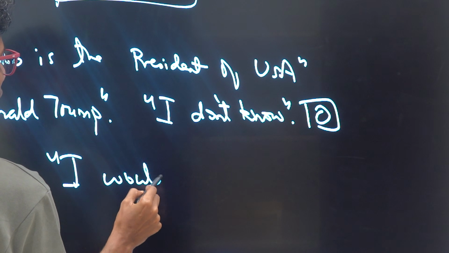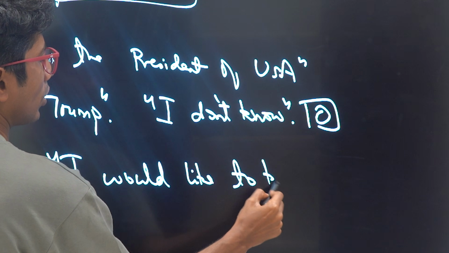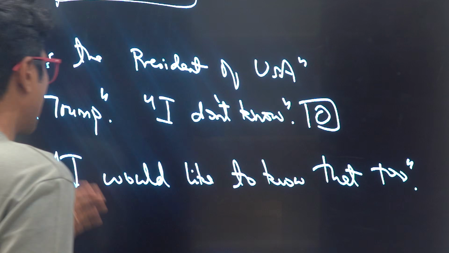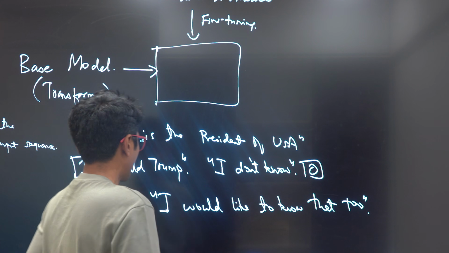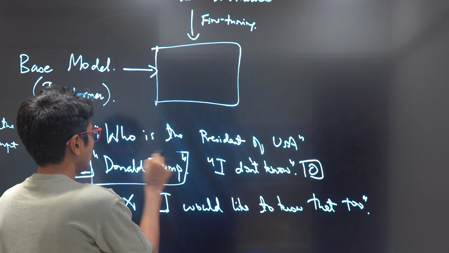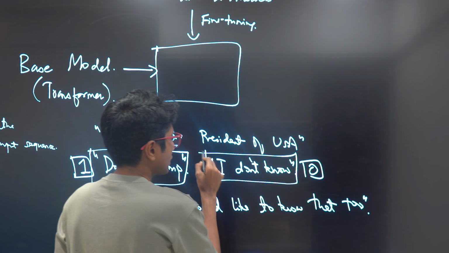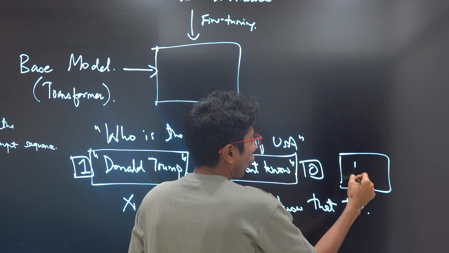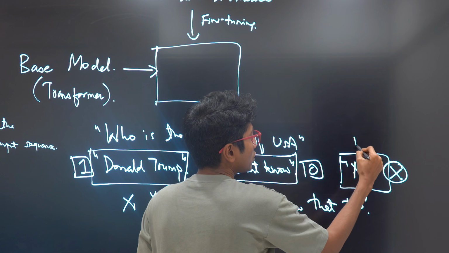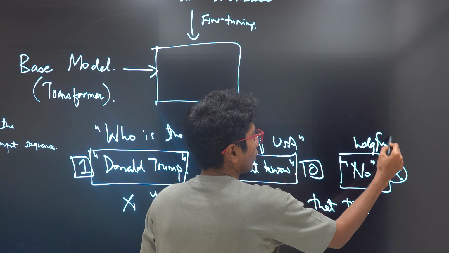But the model could also say, I would like to know that too. Here's where things are going wrong. The model should not be responding like this. Give us a direct answer, or confess that you don't know, or you could say no, but this is also very, very bad because the models are trained to be helpful.